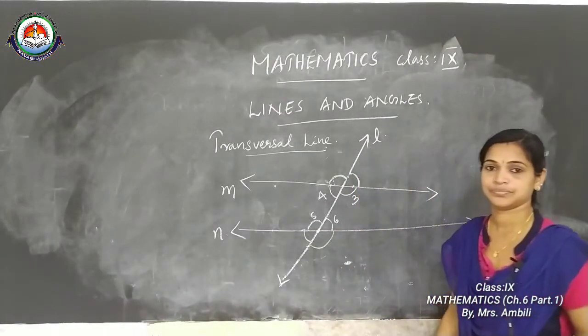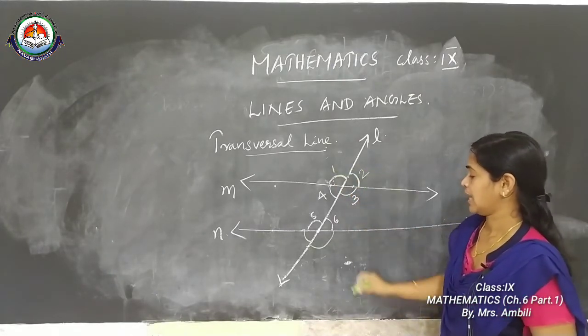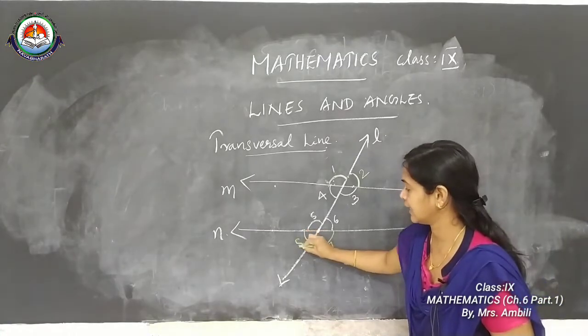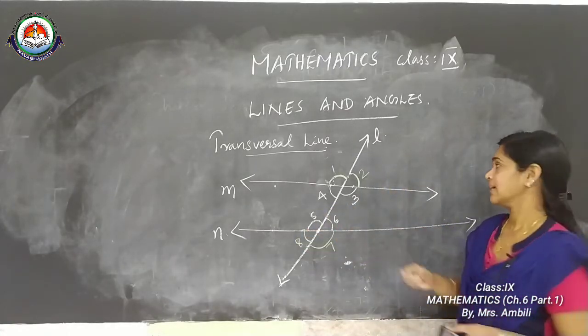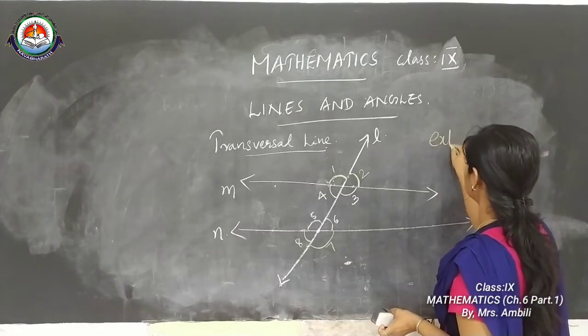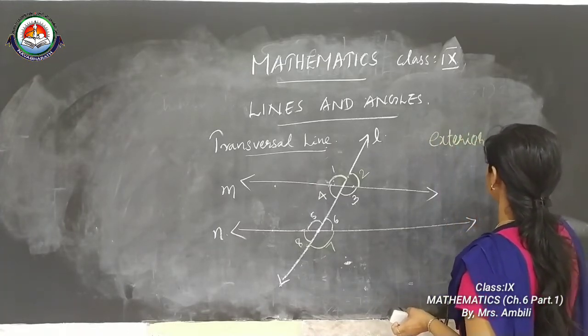That is angle 1, angle 2, angle 7, angle 8. These 4 angles are known as exterior angles.